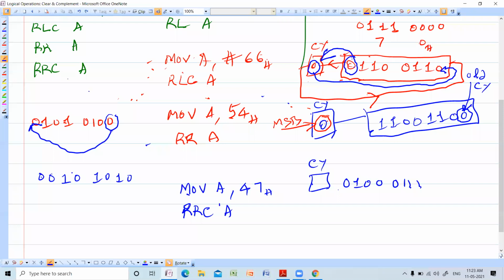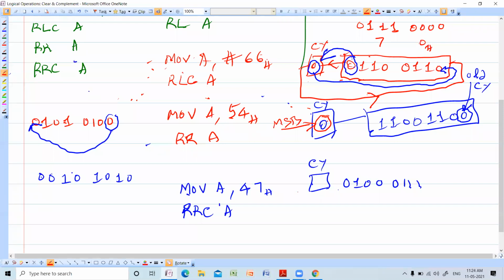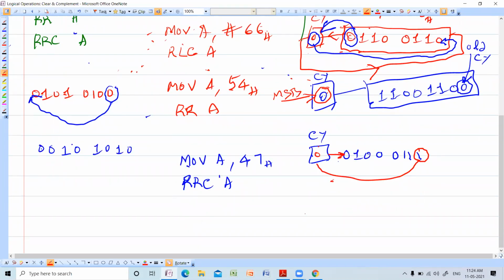The LSB will be copied to the carry flag, and whatever is there in the carry flag will be copied to the MSB. So after rotation, CY becomes 1, and we will have 0010 0011.